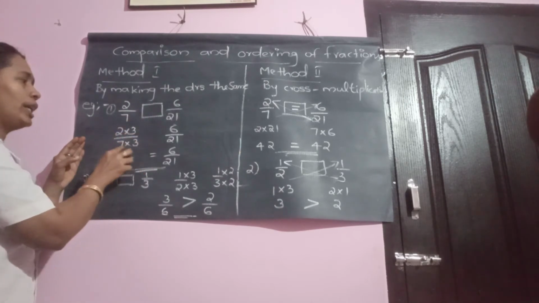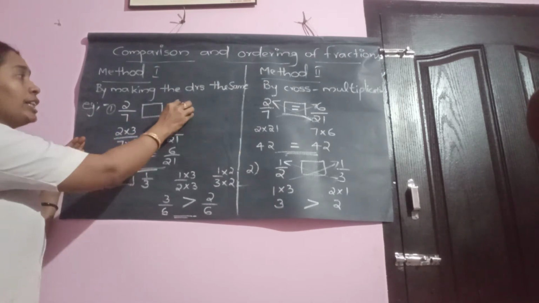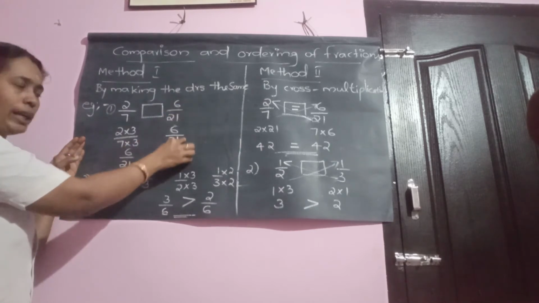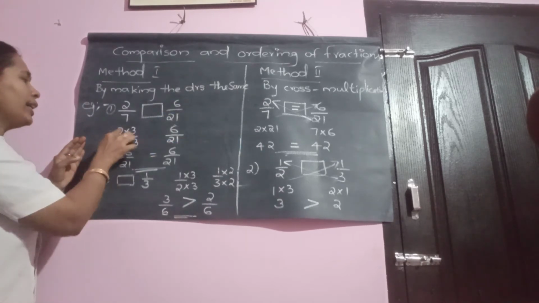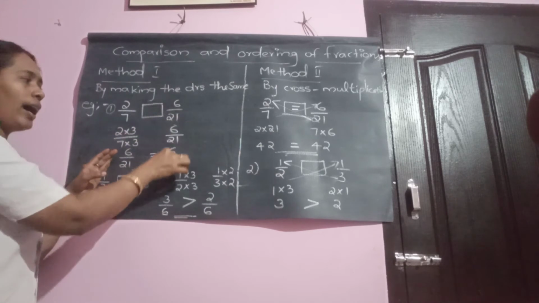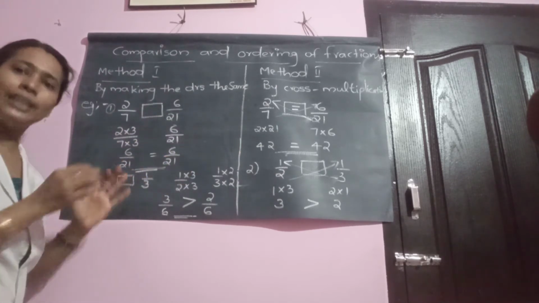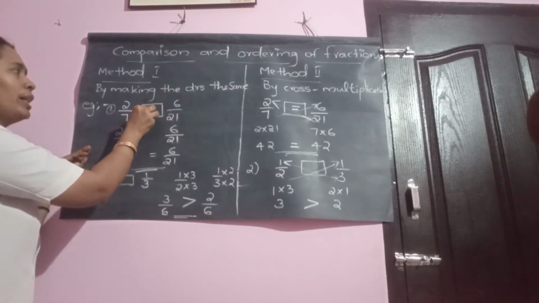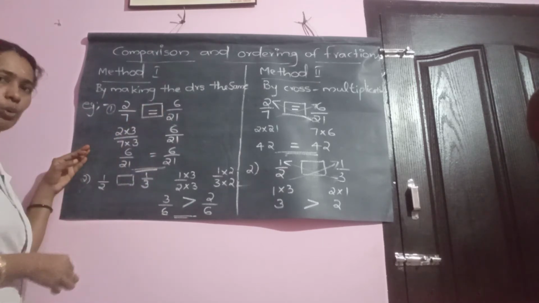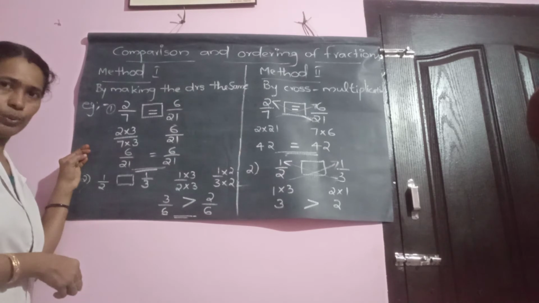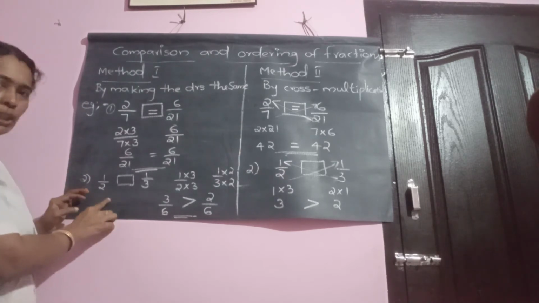So 2 into 3 by 7 into 3. There is no change to this one; you bring down directly. Here it is 6 by 21, already 6 by 21. So both sides are equal now. So what do you have to fill in the box? Equal to, isn't it?